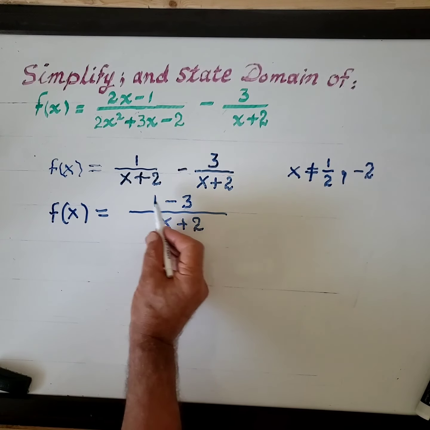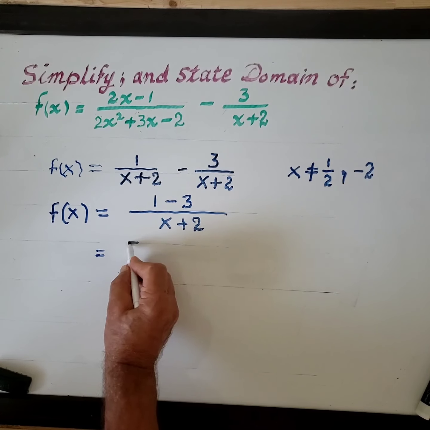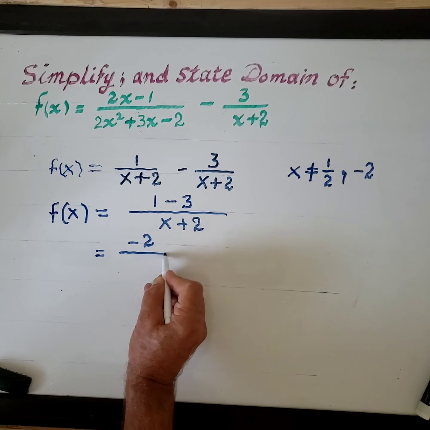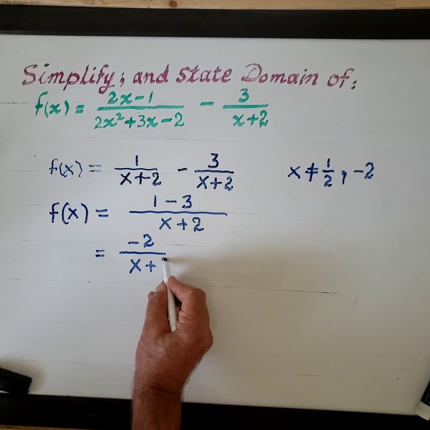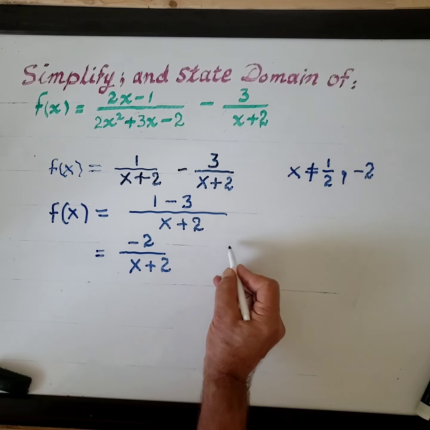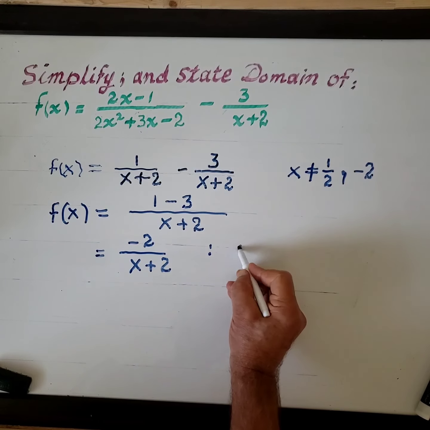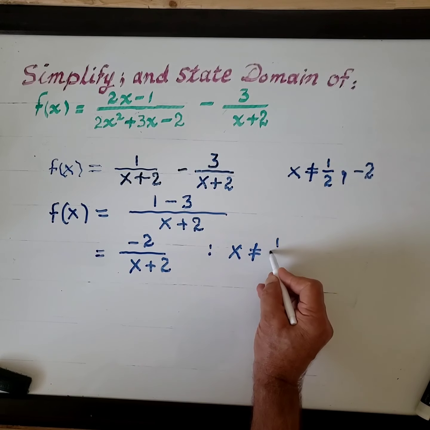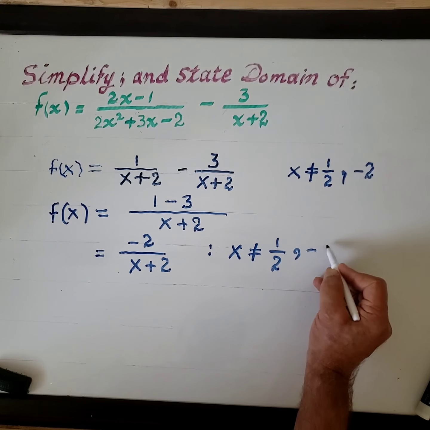And as you see, 1 minus 3 will be -2, over x plus 2, with the same restrictions, same condition here, which is x not equal to 1/2 or -2.